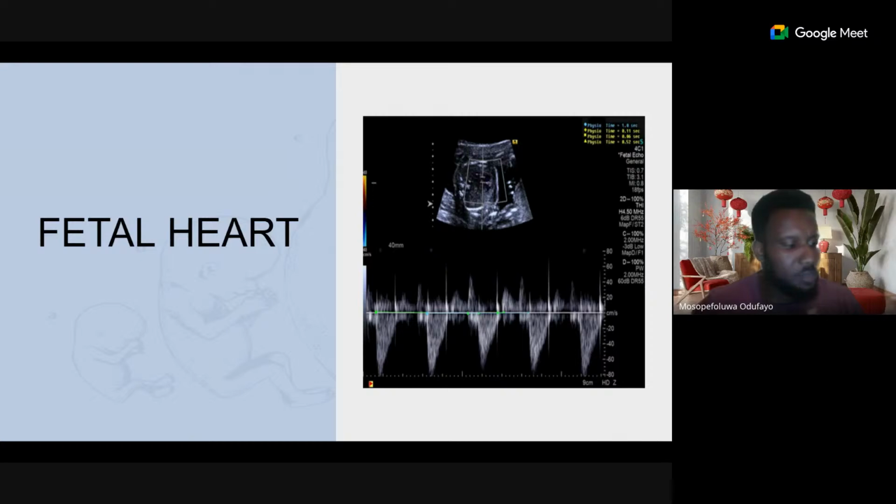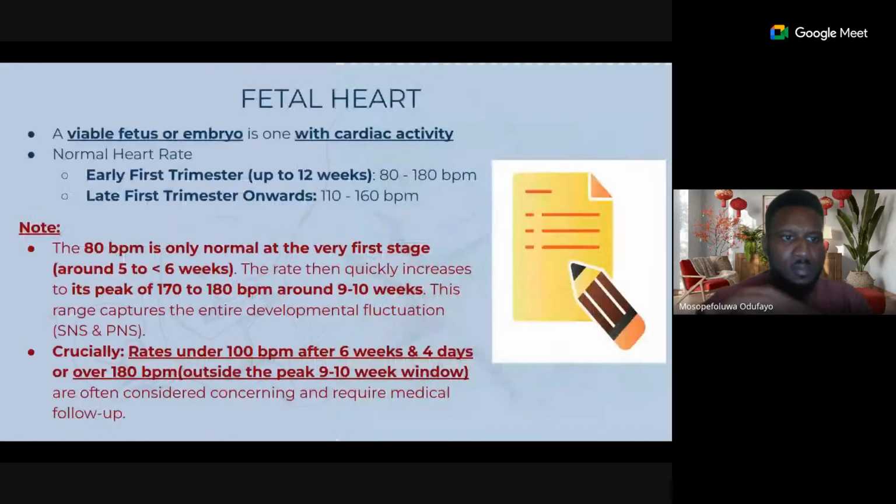This is very important. The fetal heart is the dividing line between when you call a pregnancy viable and when you say it is not. Let's go further and talk about it. A viable fetus or embryo is one with cardiac activity.